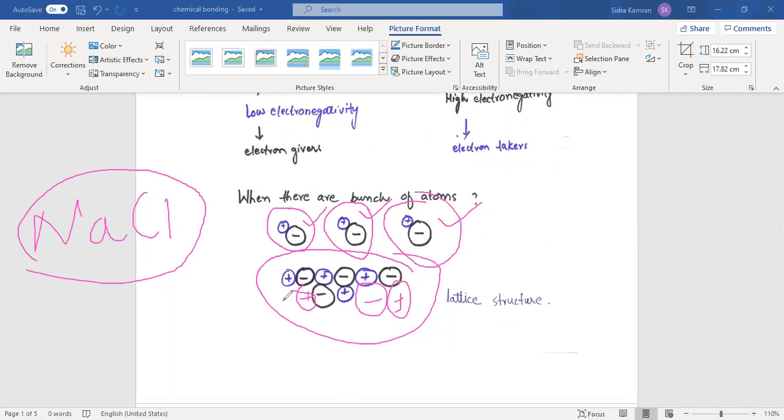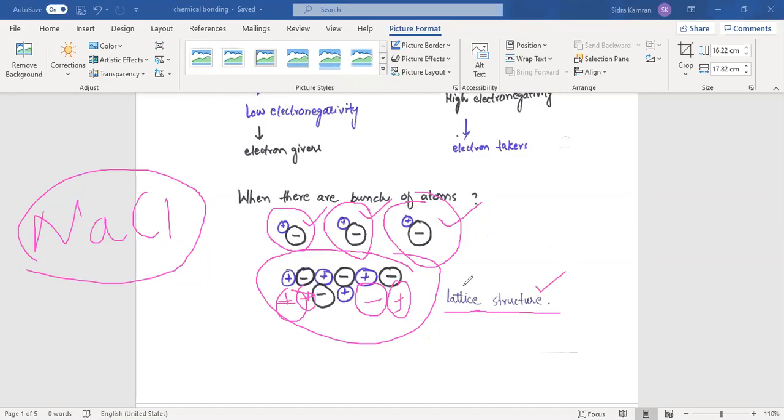In this way they combine, and this combined structure of alternate charges, alternate ions, is called a lattice, and this structure is called a lattice structure.